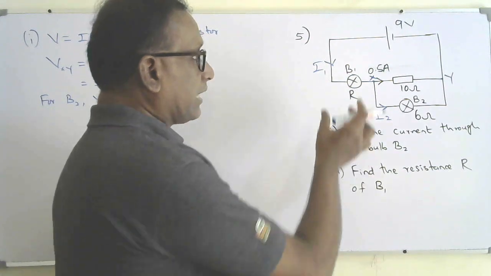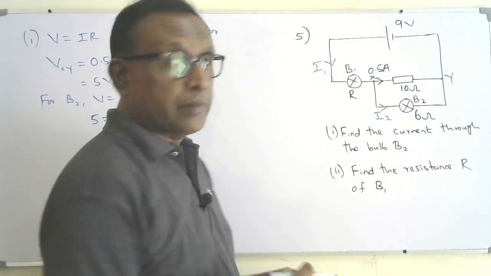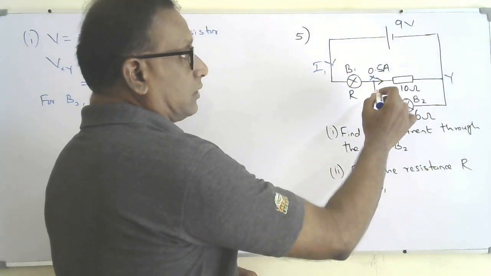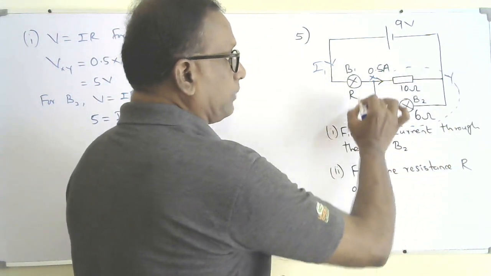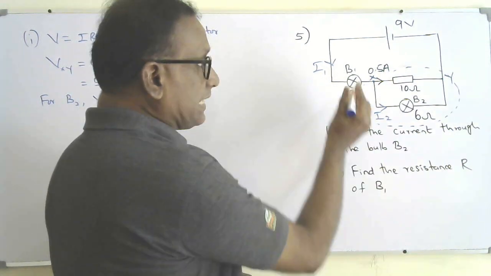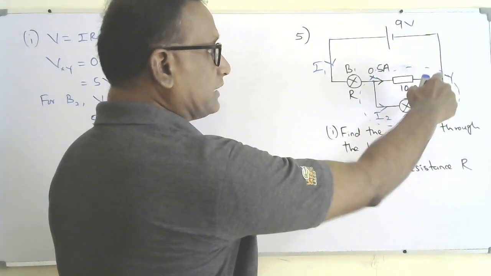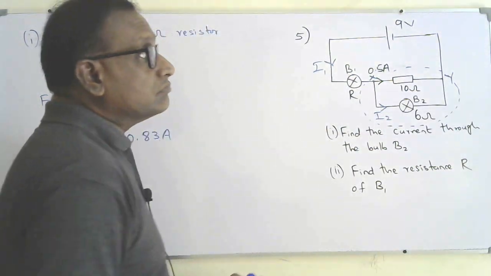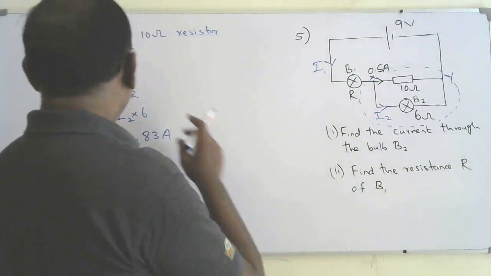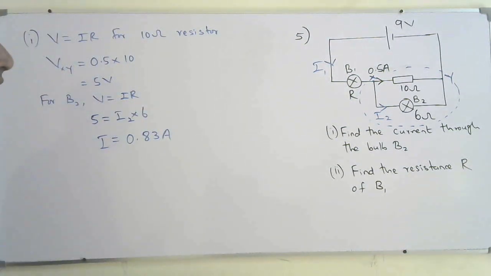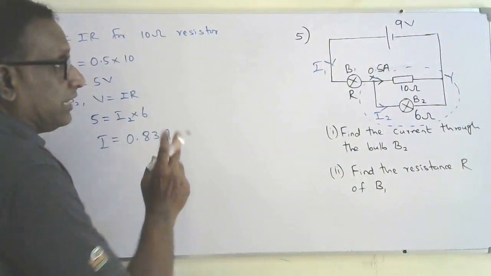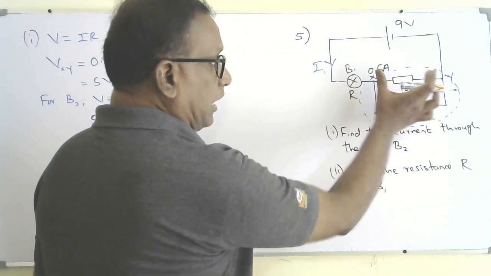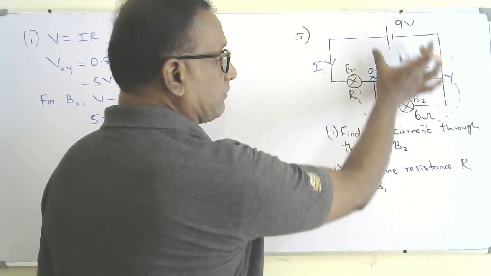This whole combination is in series with the bulb B1. I know the voltage across the junction XY, which I already found as 5 volt.